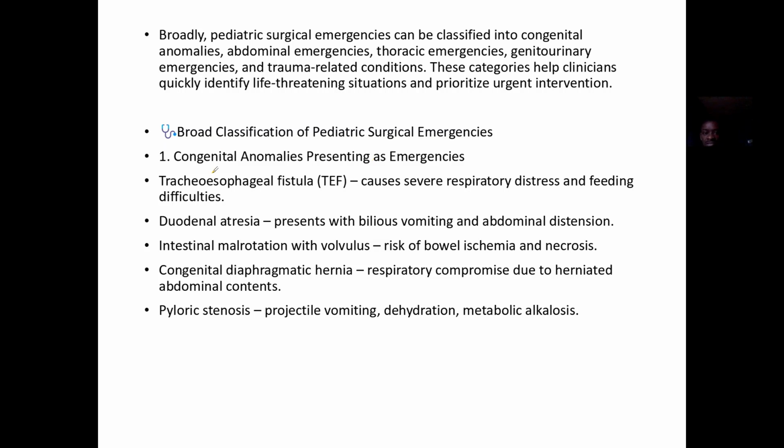So you can have things like tracheoesophageal fistula, duodenal atresia, intestinal malrotation volvulus, congenital diaphragmatic hernia, and pyloric stenosis. Alright, so you are having a blockage in the pylorus, muscle thickening around the junction.